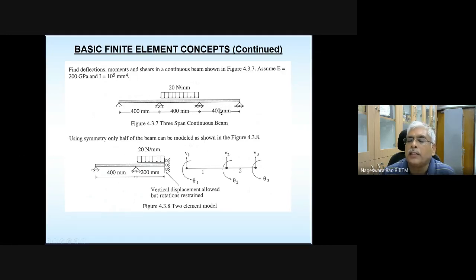Same 3-span continuous beam. All spans of equal length. Only difference is in the mid span, instead of having concentrated load, we have distributed load. Now we know how to deal with the distributed load problem. We need to apply fixed end solution correction. That's the only trick we need to apply.